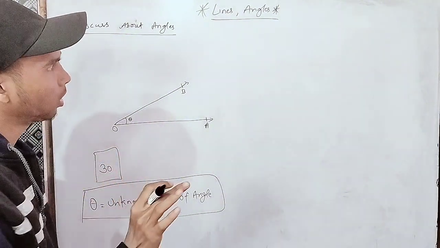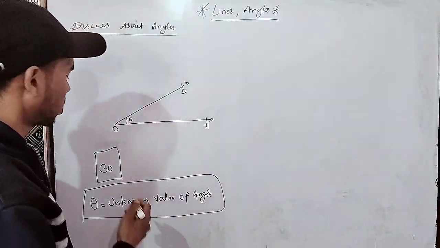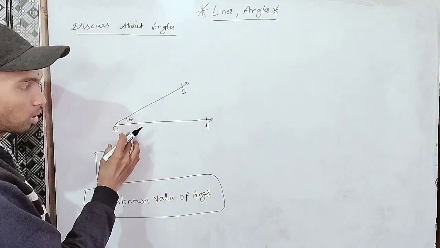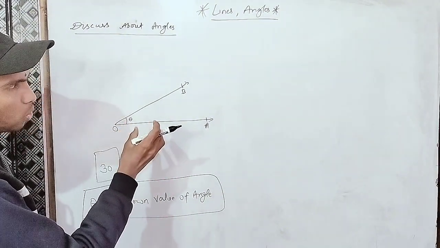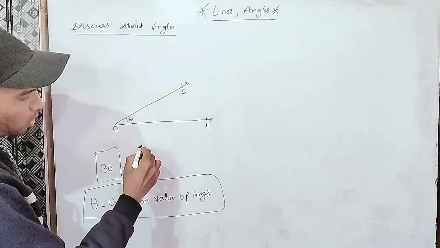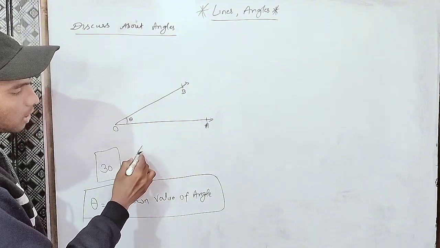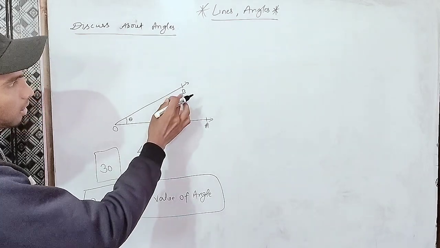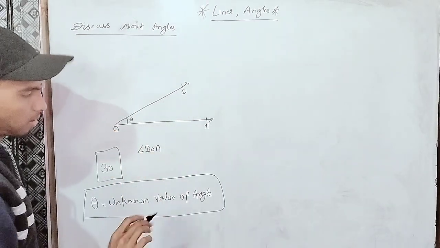There is one way that I wanted to tell you, and it is compulsory to know. Here, BOA. This is a way to write it. In mathematics, we say angle. This is an indication of angle. It is saying that you have the angle BOA.